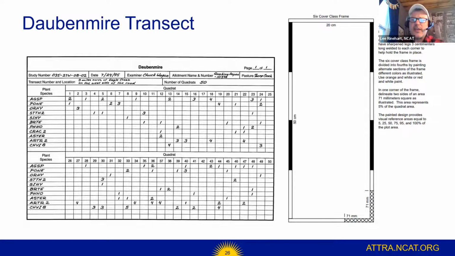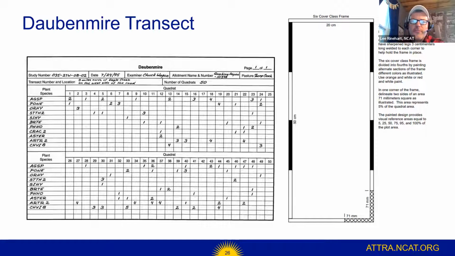And I used to take a GPS waypoint of that point so that I could go back out and find it the next year, right? And so then I could run the transect at the same spot, and monitor the same area and look at changes in that area over time.